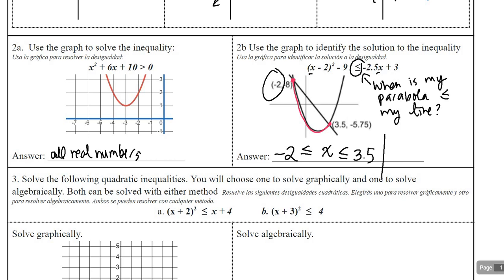Now, if I had been asking when is the parabola above that, it would have been a different answer. It would have been x is less than or equal to -2, and x is greater than or equal to 3.5. But we have a nice situation here.